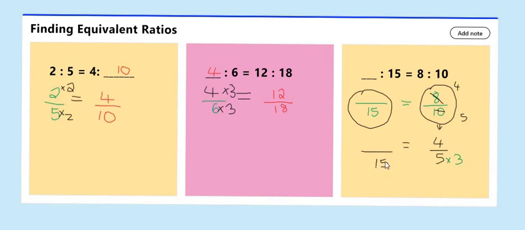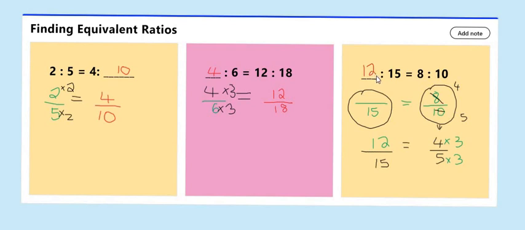Or you can say 15 divided by what gives me 5, but let's use multiplication throughout for consistency. 5 times what gives me 15? 3. So if I multiply the denominator by 3, I multiply the numerator by 3 as well. 4 times 3 gives me 12. Awesome. Therefore, the missing part is 12.